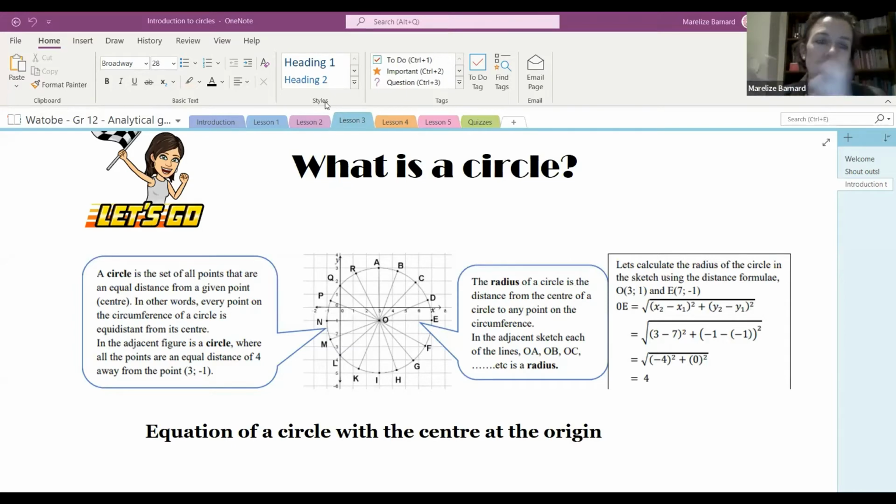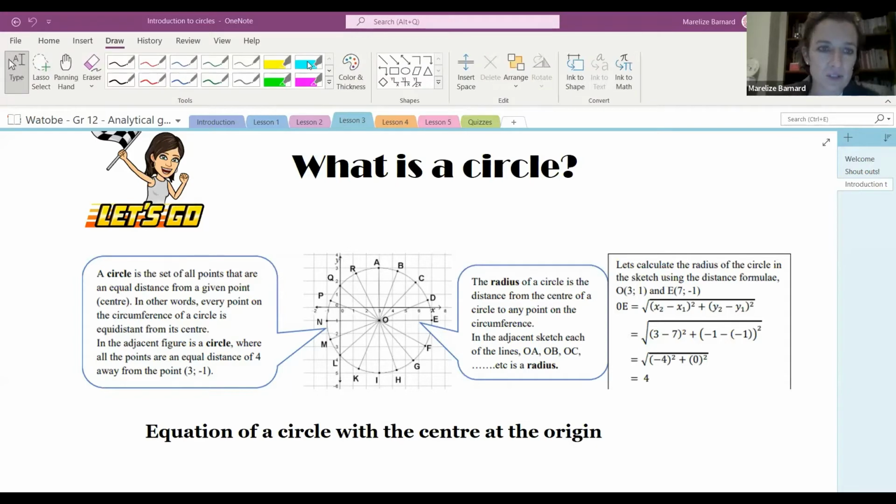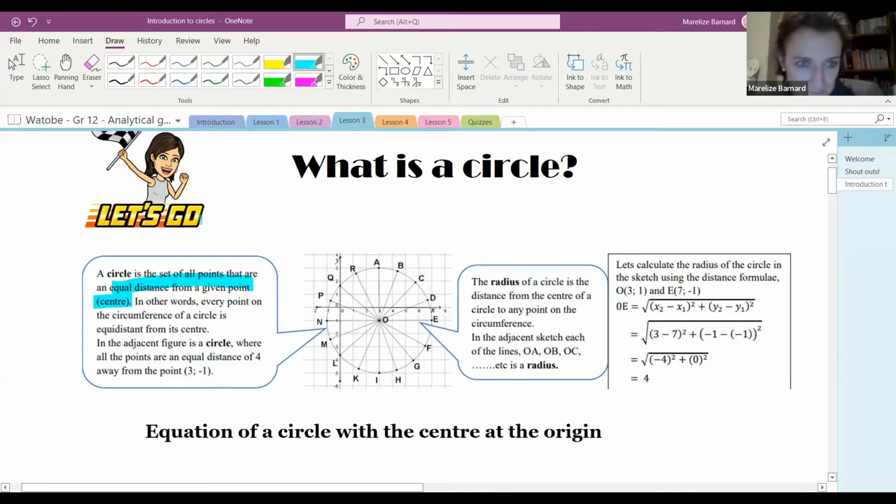But basically a circle is a set of points that are an equal distance from a given point, which we call the center. So if I have the center of the circle, all the points around that circle will be an equal distance from that center. In other words, every point on the circumference of a circle is equidistant from its center. Equidistant is a big word for just saying the same distance.